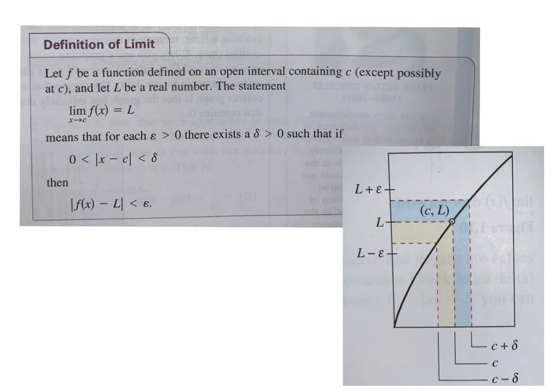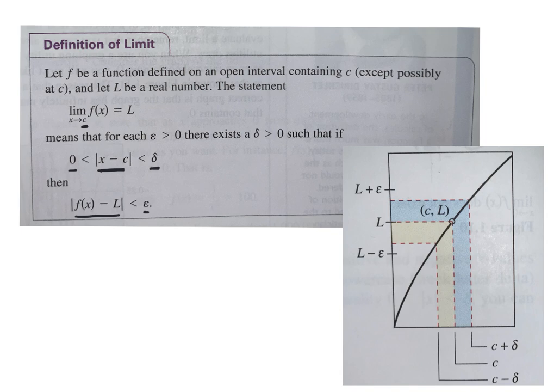So then the formal definition of limit is, let f be a function defined on an open interval containing c, and it can be undefined at c, that's fine. The limit as x approaches c of f(x) equals L means that for every epsilon greater than zero, there is a delta greater than zero such that, with zero less than |x minus c| less than delta, where c is the number that you are approaching, then you're going to have |f(x) minus L| less than epsilon.